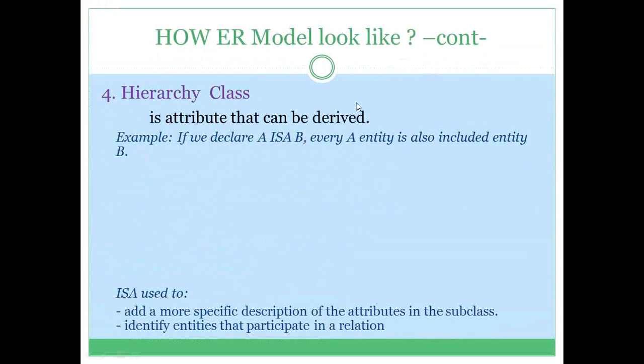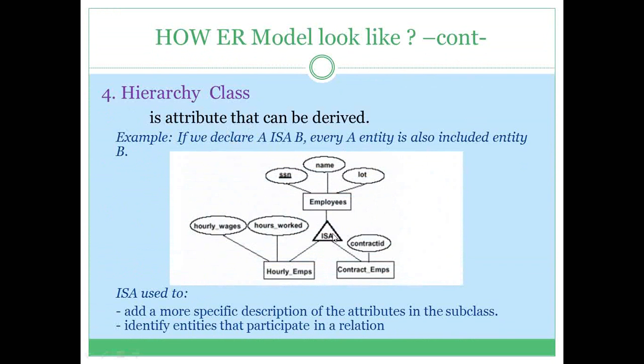And the fourth, hierarchy class is an attribute that can be derived. Example, if we declare A is a P, every A entity is also included in entity P. Like this.